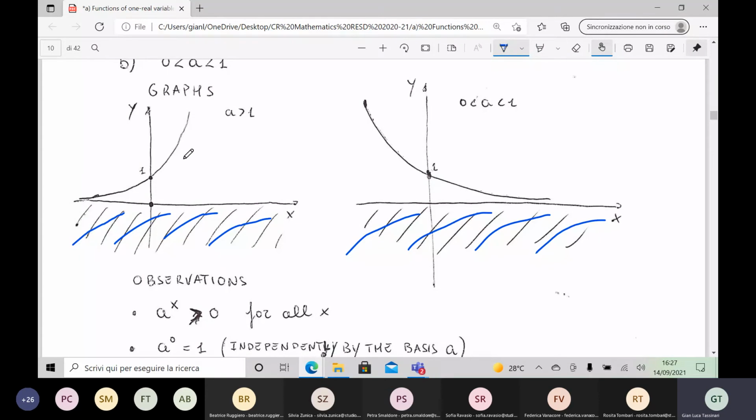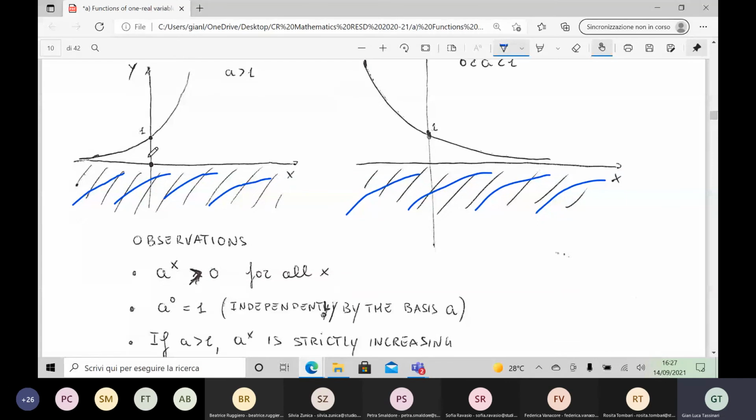Furthermore, these two kinds of exponential functions share in common another thing. Both exponential functions pass, independently of the basis, through the point (0, 1). Why, guys? Which is f of 0? f of 0, for the exponential function a to the power x, is a to the power 0, which is always equal to 1.